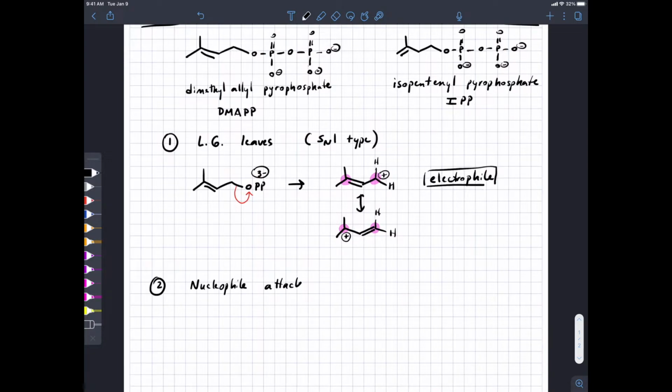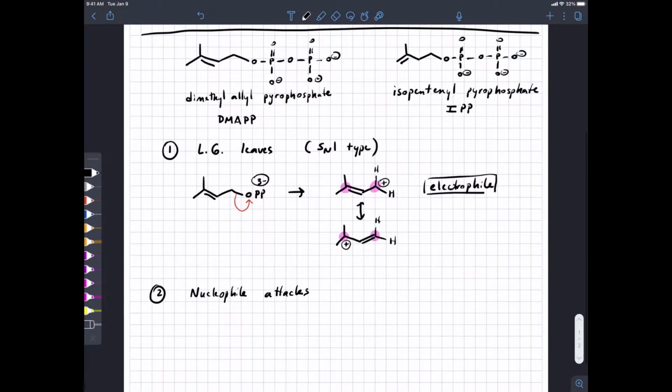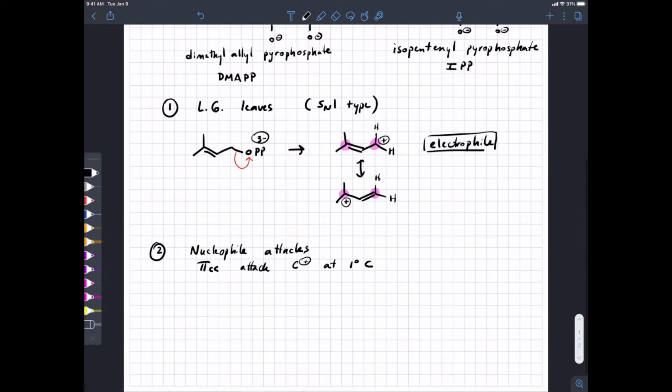And this could be any number of nucleophiles, but we're going to focus on using the pi electrons from isopentenyl pyrophosphate as the nucleophile. So a carbon-carbon pi bond is going to attack the electrophile, attack the carbocation. And in general, it's going to attack at the primary carbon. So let me show you how to draw that.